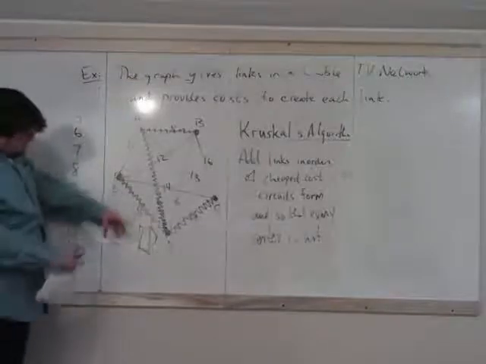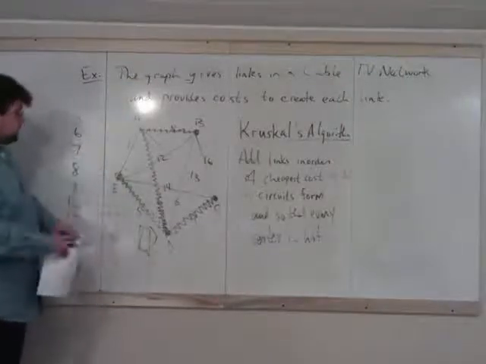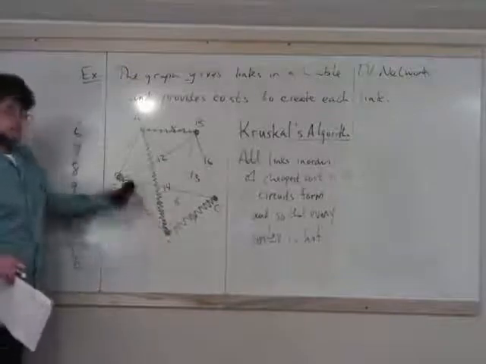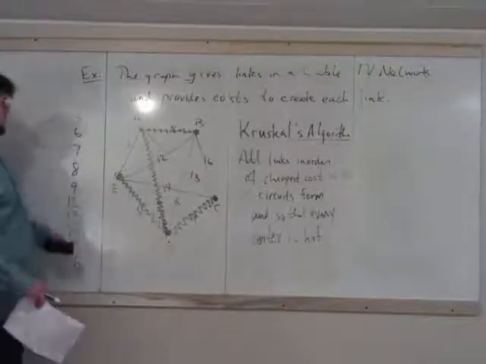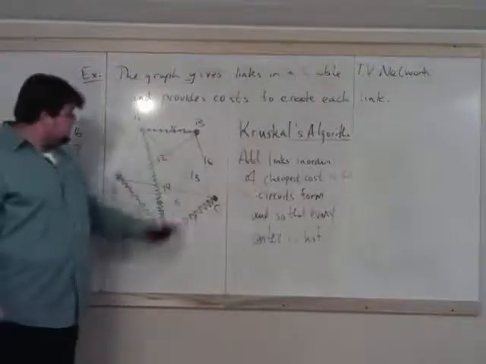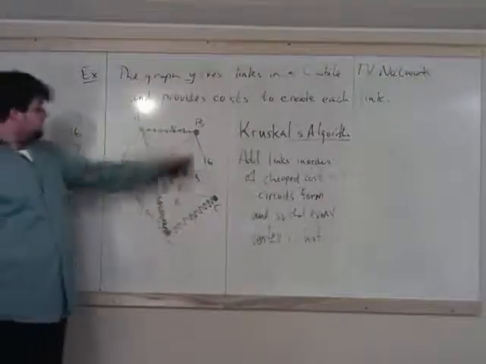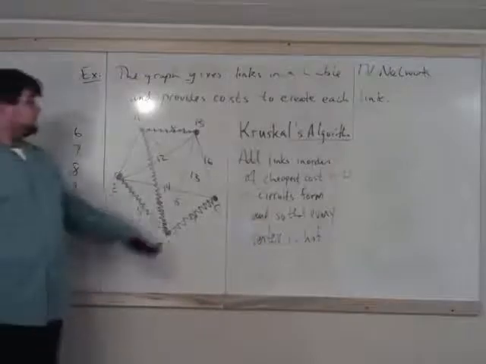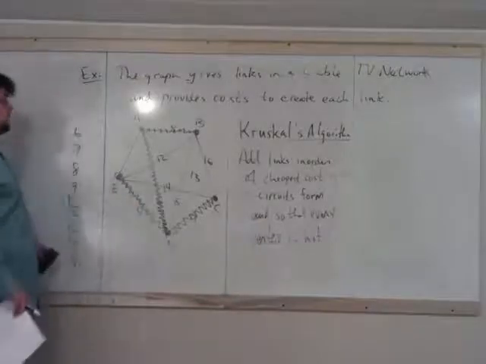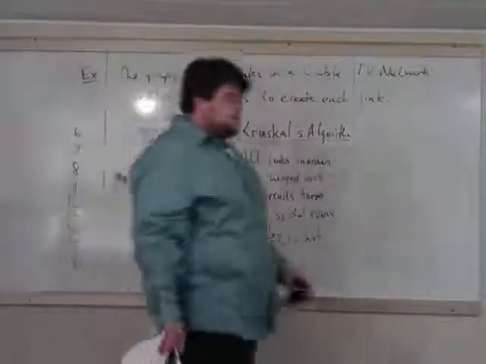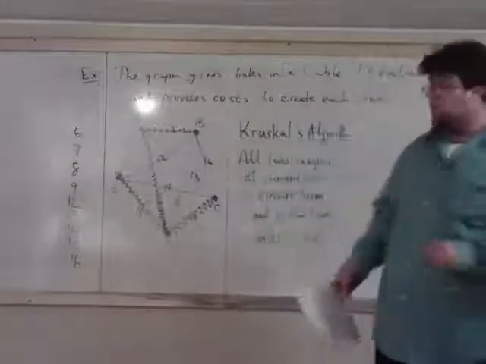Grab the top, grab the bottom, twist one of them around so that it just becomes a rectangle. So that is a cycle if you add 12. If you add 13, that's also a cycle, makes that triangle. Add 14, makes that triangle. Add 15, makes that triangle. Add 16, makes that trapezoid, so that's a cycle. So right here, we've constructed a minimum cost spanning tree.